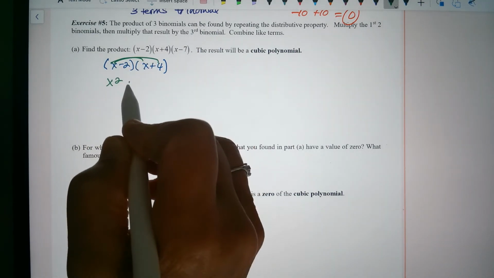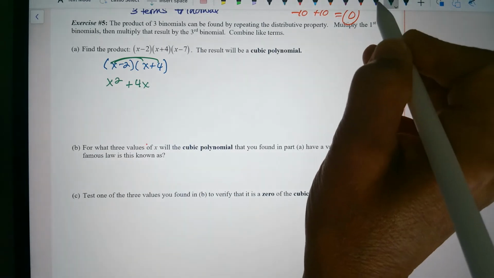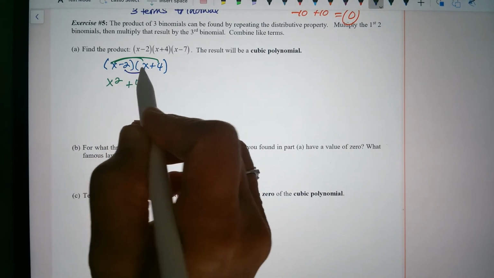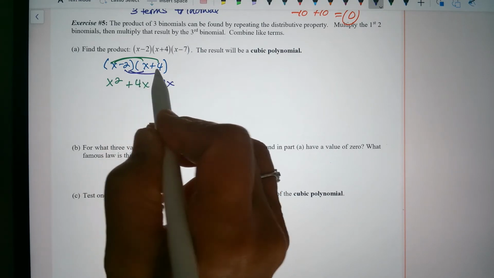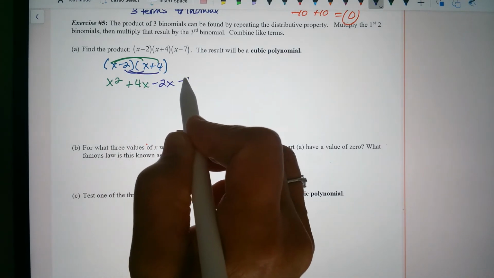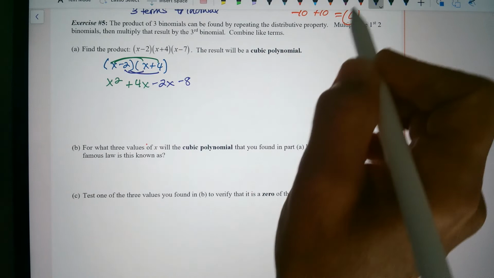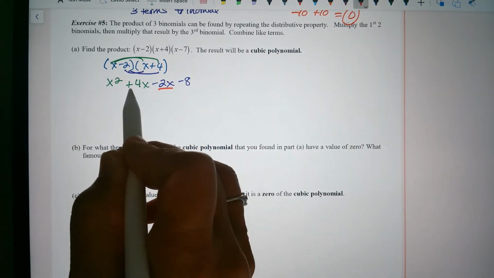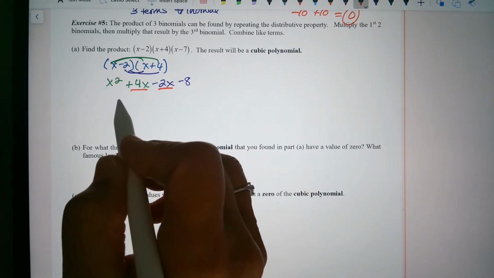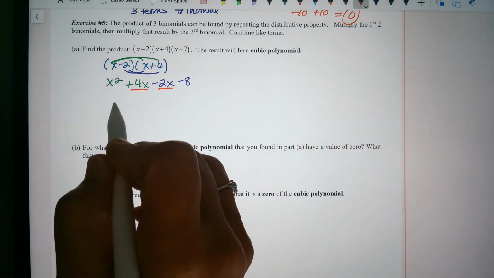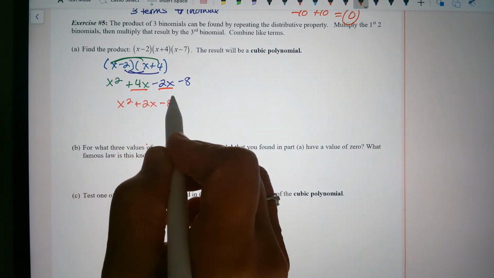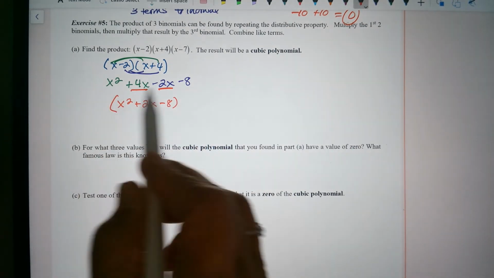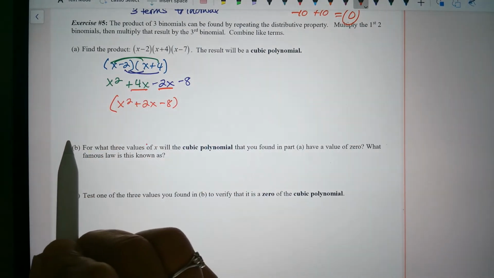X times positive 4 is positive 4x. Negative 2 times x is negative 2x. And negative 2 times positive 4 is negative 8. I'll combine these like terms of negative 2x and positive 4x, which is positive 2x. So we've got x squared plus 2x minus 8. So that's our result for multiplying the first 2 binomials.